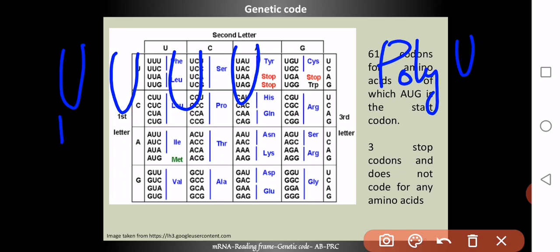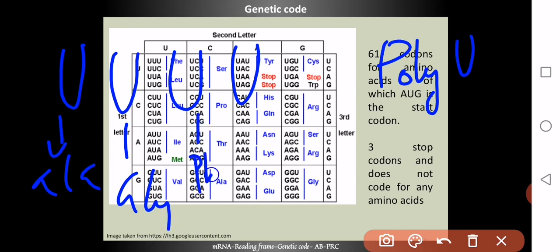In the first test tube they provided, for example, alanine, and here it is glycine, here it may be phenylalanine, and here it may be methionine. So in that way they prepared an experimental setup. Okay, so you have 20 such test tubes, and they allowed them to carry out translation.